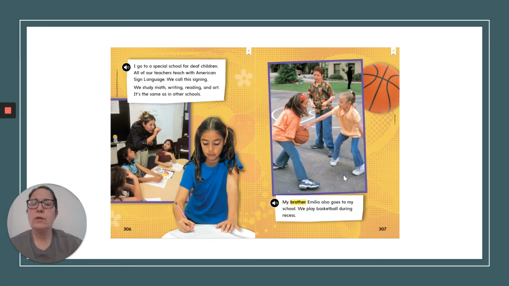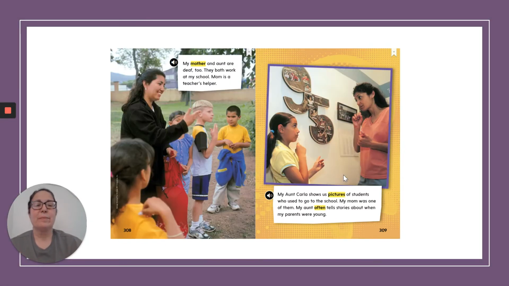I go to a special school for deaf children. All of our teachers teach with American Sign Language. We call this signing. We study math, writing, reading, and art. It's the same as in other schools. My brother Emilio also goes to my school. We play basketball during recess.